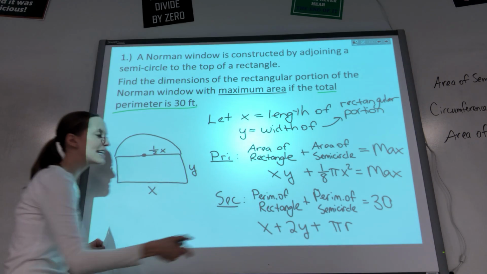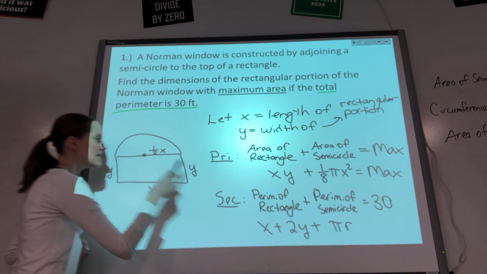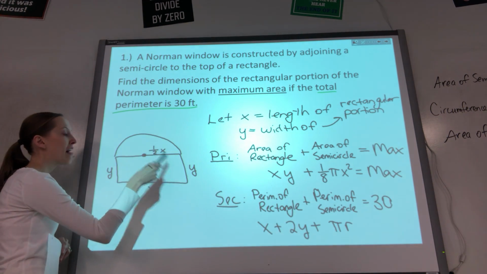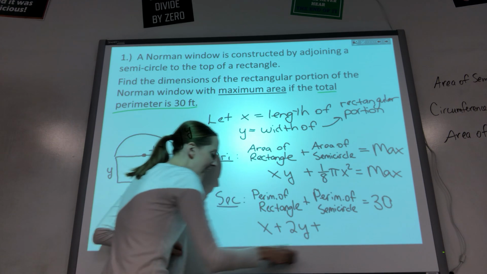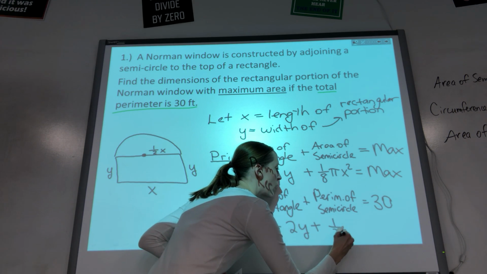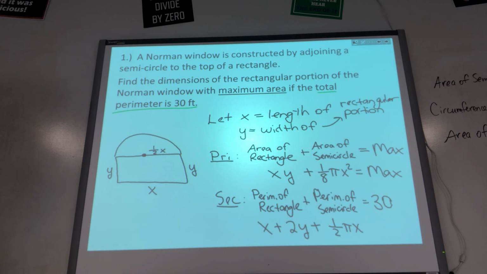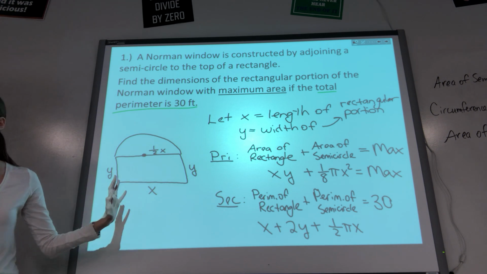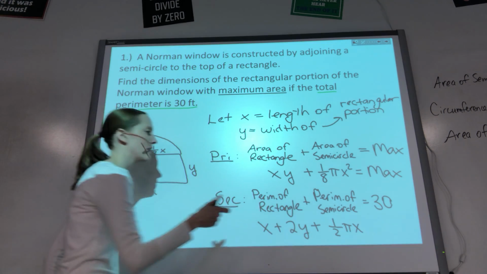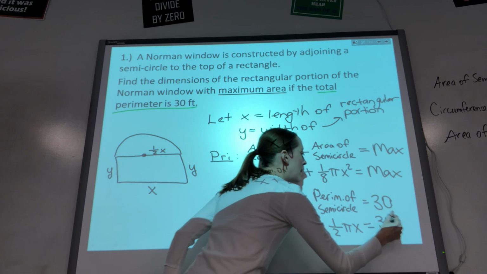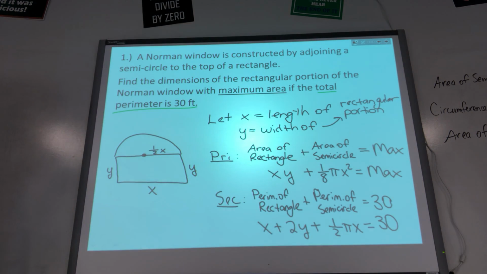So we actually need to take pi times 1/2 x. And I'm going to write it as 1/2 pi x. I usually like to put the variable last. If you wrote it as 1/2 x pi, that's fine too. But I usually put the x at the end, and that is going to equal 30.